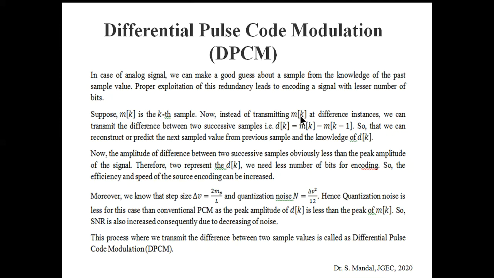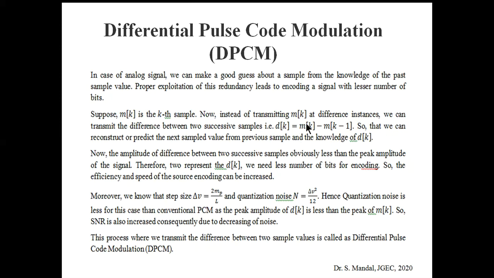Now instead of transmitting mk at different instants, as is done in normal PCM, we can transmit the difference between two successive samples, dk. Here dk equals mk minus m(k-1), that means the difference between two successive instants. Now in our receiver section we just receive this value of dk and add it to the previous sample value m(k-1) that is available at the receiver, and we get the original value mk.